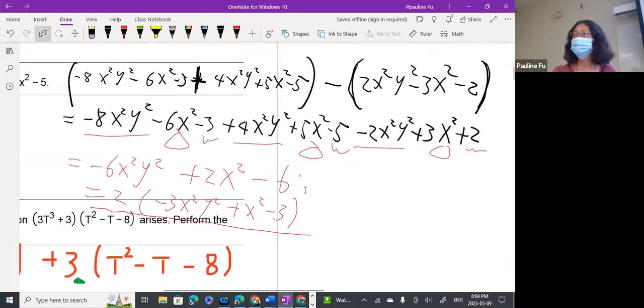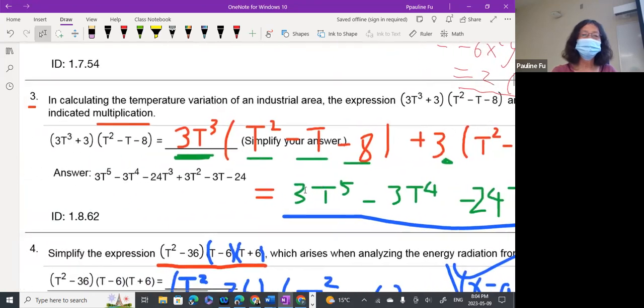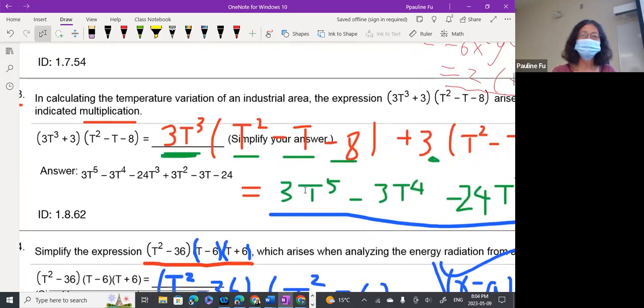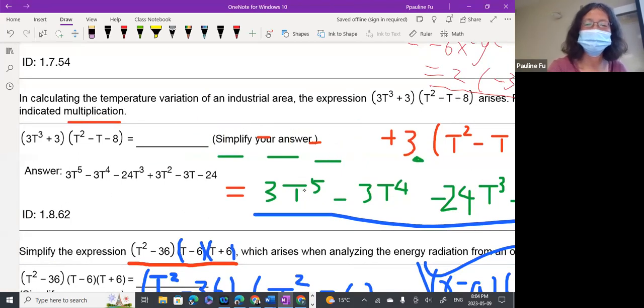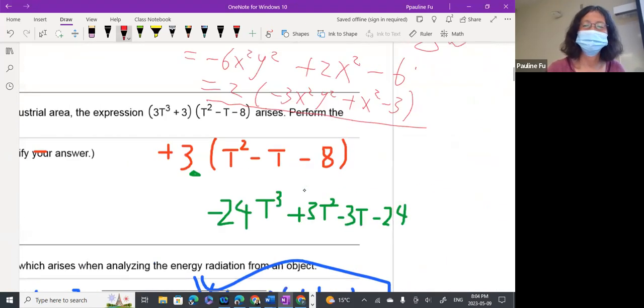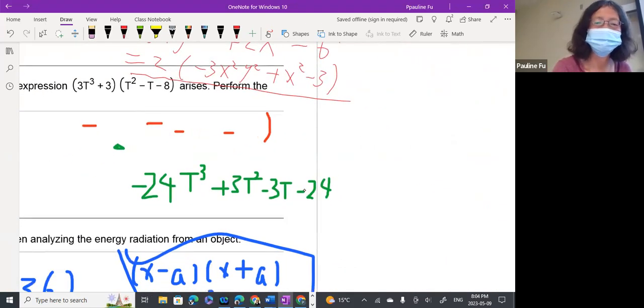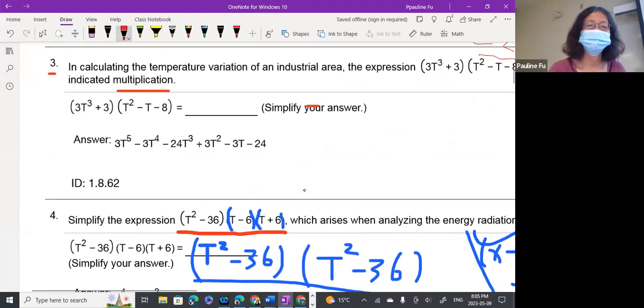Okay, shall we move on? Okay. Question 3. Do the multiplication. So there are many ways to do it.